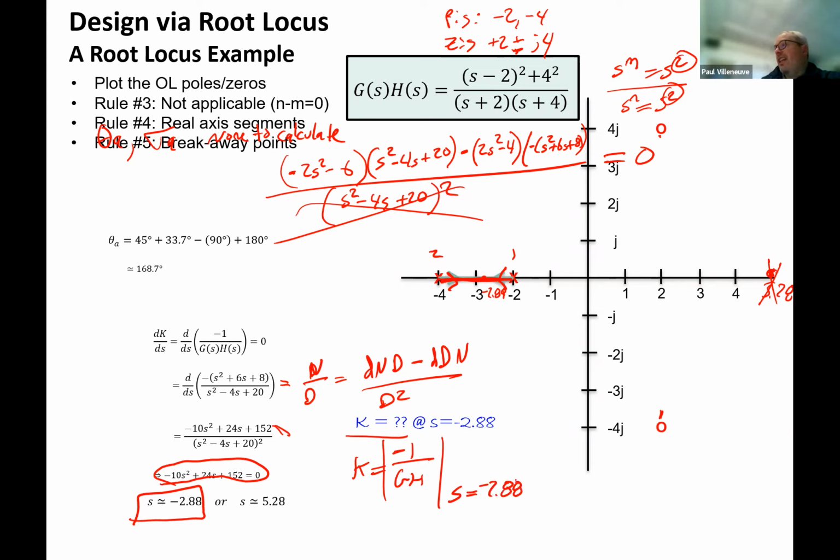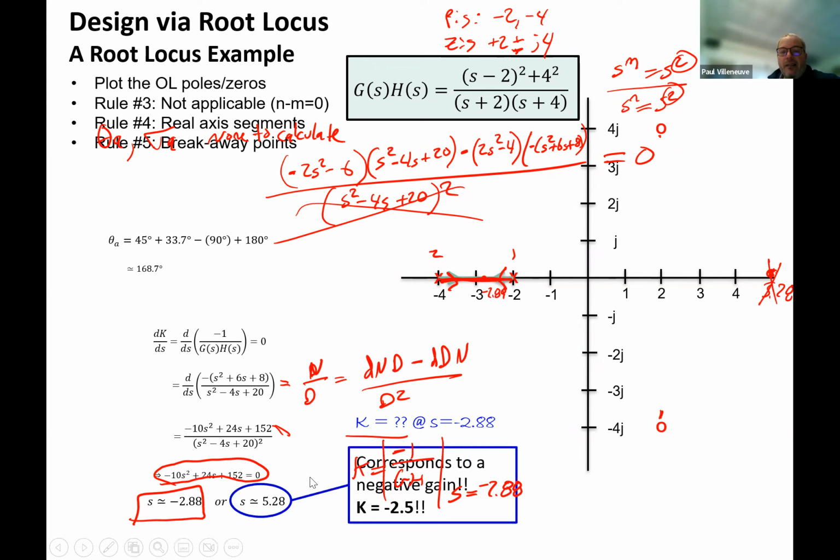So you can solve for K using this formula, just solving for the gain that needs to be there. Anybody want to see that done, or do you feel pretty comfortable doing that?